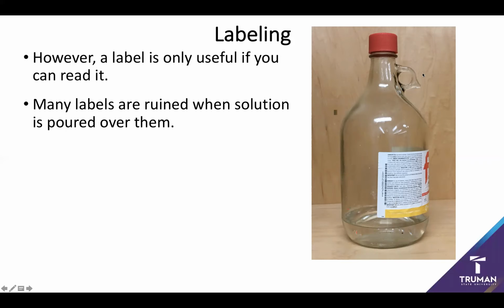It may have, say, a handle. If you're going to put the label on, try and put it below the handle and away from any area over which solution may be poured. And even if there isn't a handle, when you do pour solution, try and pour it over the side that doesn't contain the label to help keep label integrity present.